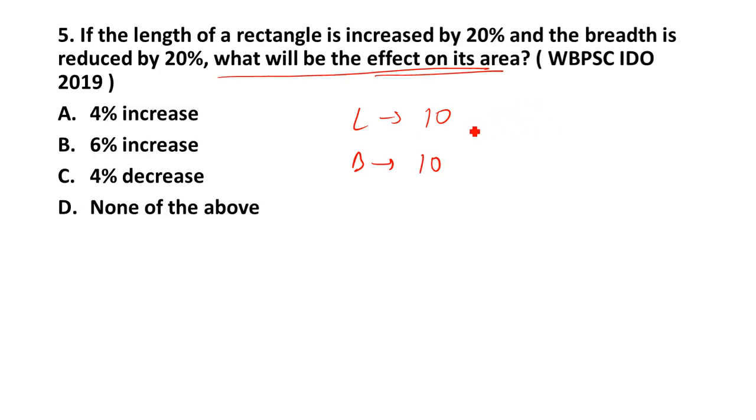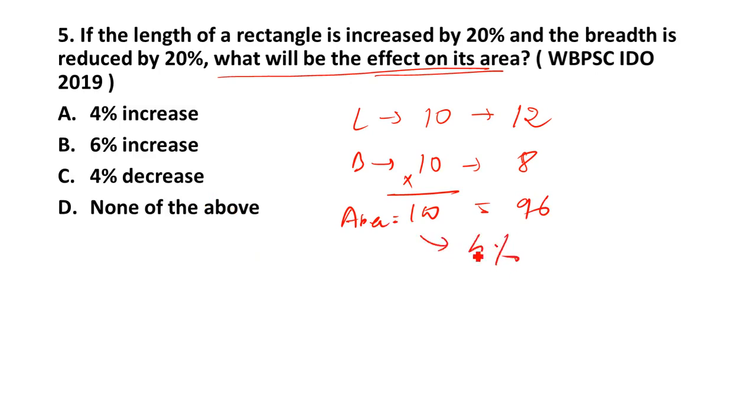So if I increase the length by 20, it will become 12, and the breadth is reduced by 20, so it will become 8. This results in 100, the total area, and this results in 96. That means a 4% decrease.